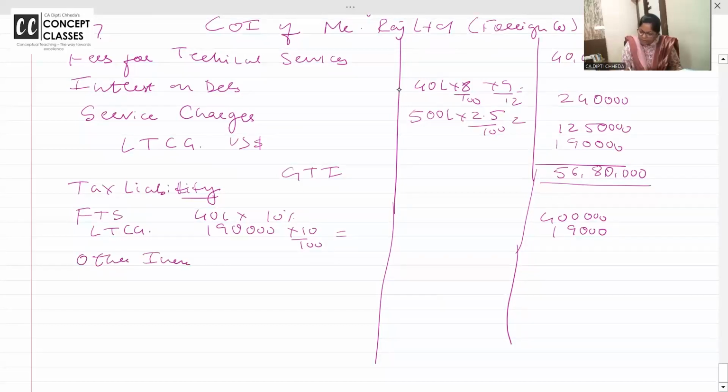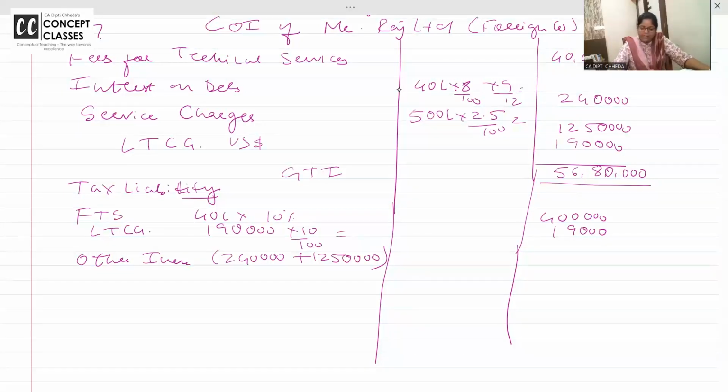Other income: 2,40,000 interest plus service charge. Only if service charge alone is their lease of plant and machinery, then they can go for that 10% presumptive taxation, 44BBB and all.